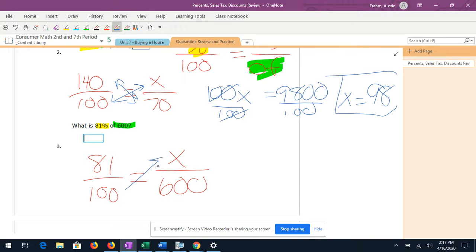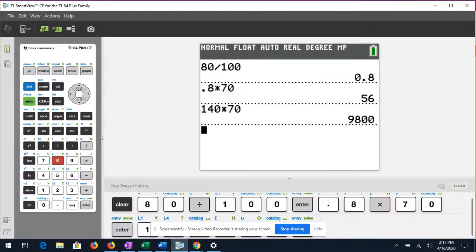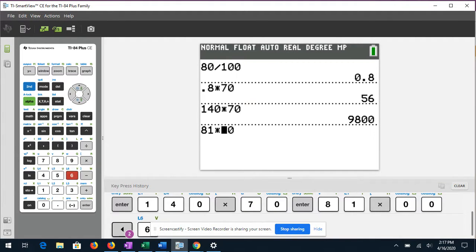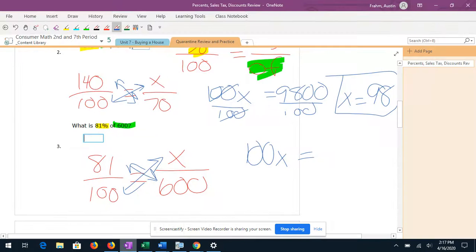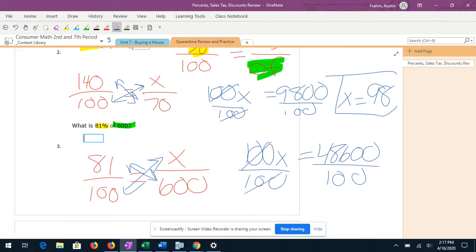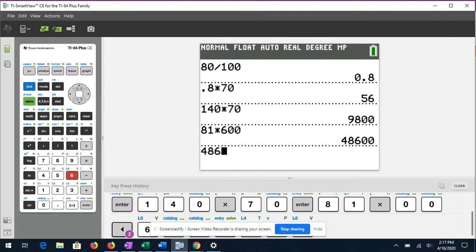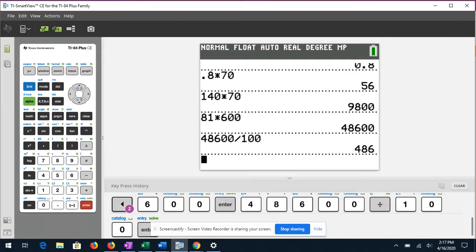If I cross multiply, I get 100x equals 81 times 600, which on my calculator is 48,600. Then again, I divide both sides by 100 to get x by itself, and x should come out to be 486.